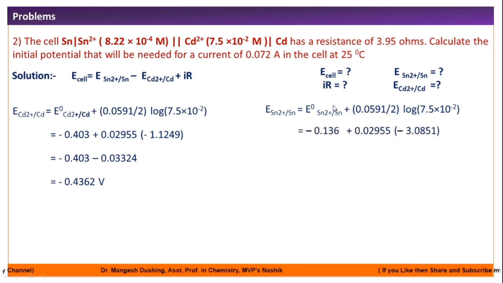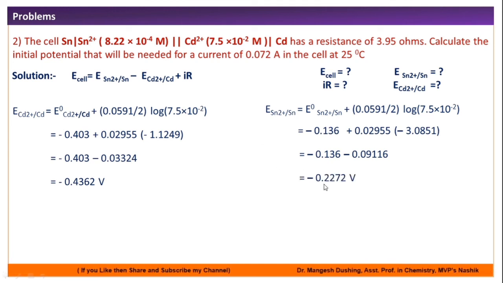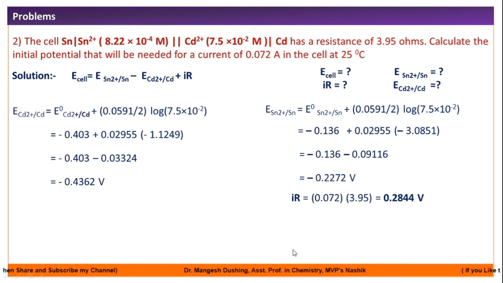Same here for the tin. The standard electrode potential for tin is minus 0.136. The log of this value is around minus 3.0851. So after calculation, that becomes minus 0.2272 volt. Now the IR drop is current times resistance. The current is given as around 0.072 ampere.